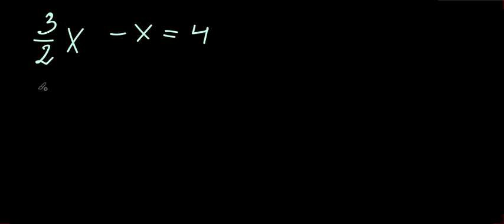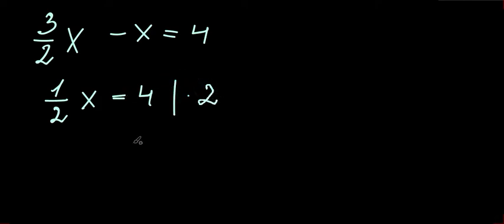Okay, so this will give us 1/2x equals 4. Now we need to divide both sides, okay, I'm sorry, not divide, but we need to multiply both sides by 2. Okay, so let's do just that, and we get that x is equal to 8.